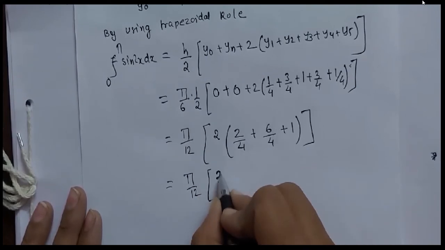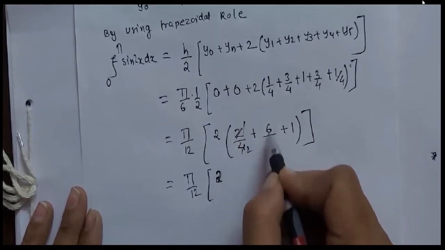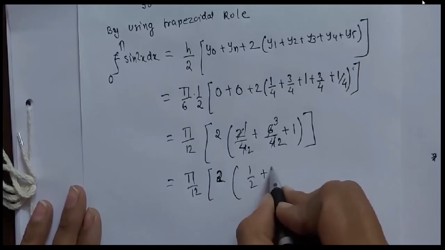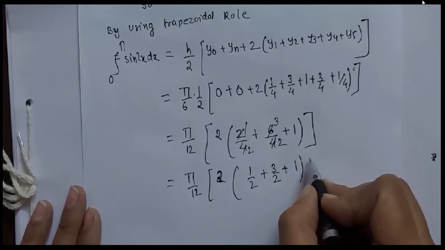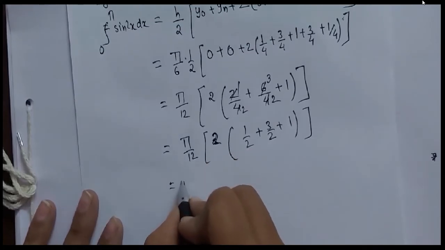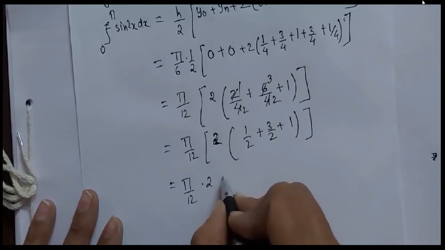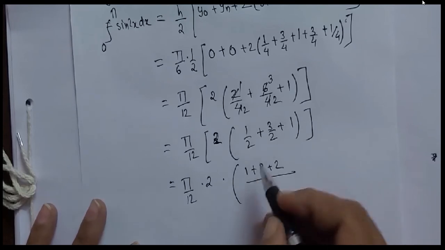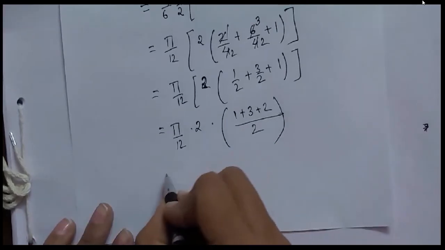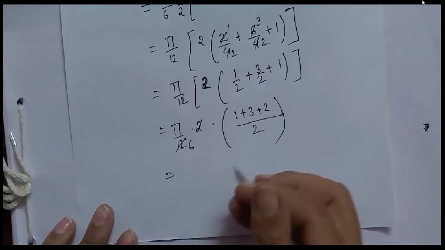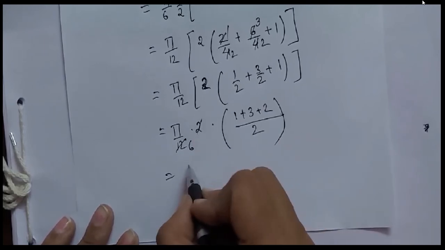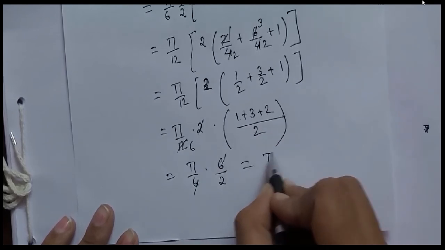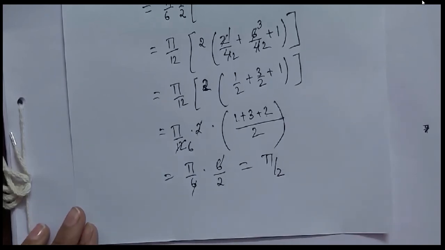We will take 2 outside. 1 by 2 plus 3 by 2 plus 1, pi by 12 into 2 into (1 plus 3 plus 2) divided by 2. 2 ones are 2, 6 are pi by 6 into (3, 4, 5 and 6) divided by 2. We are getting pi by 2 by trapezoidal rule.